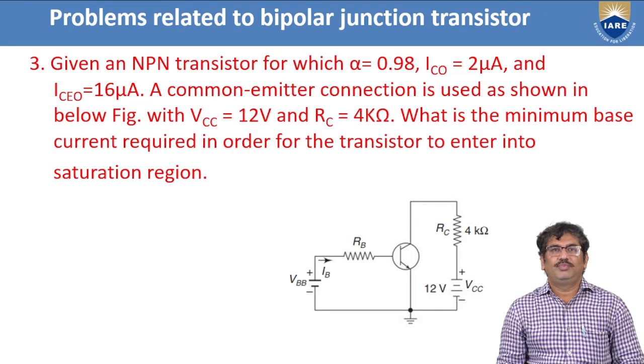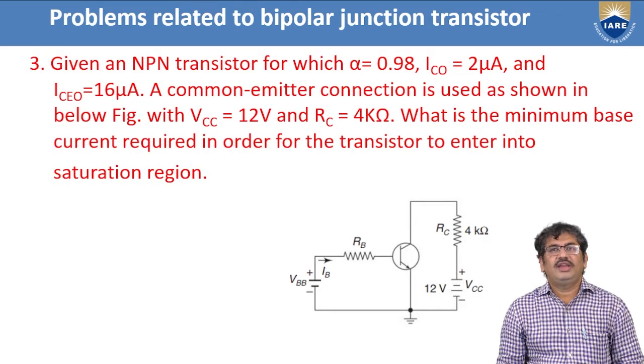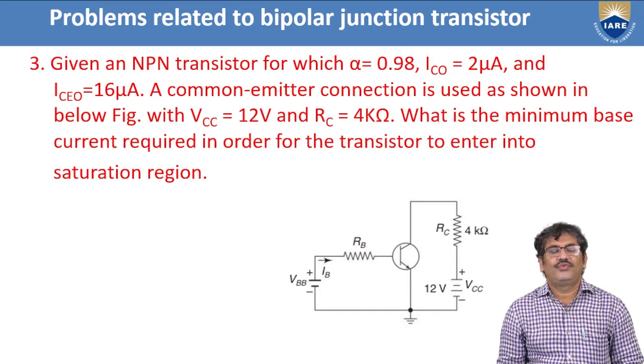Moving to the third problem. Given an NPN transistor for which alpha is equivalent to 0.98, the reverse saturation collector current, that is ICO, is equivalent to 2 microamperes, and the reverse saturation current in common emitter configuration, that is ICEO, is equivalent to 16 microamperes.